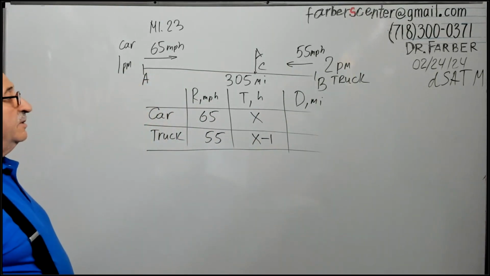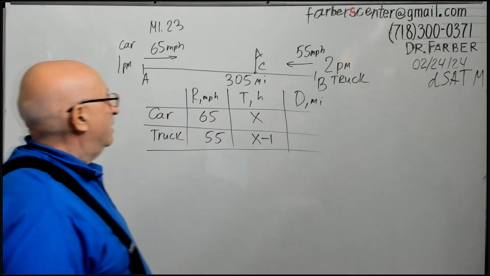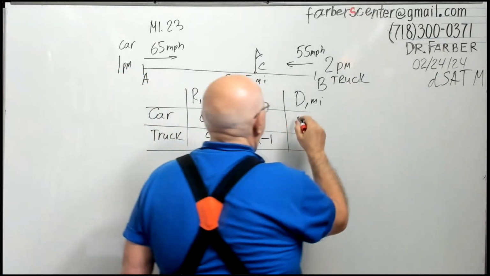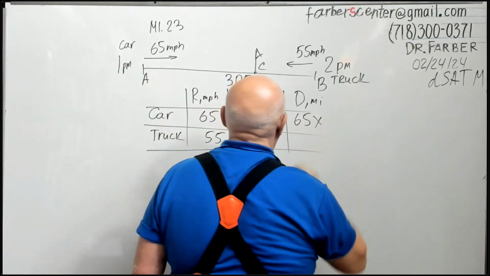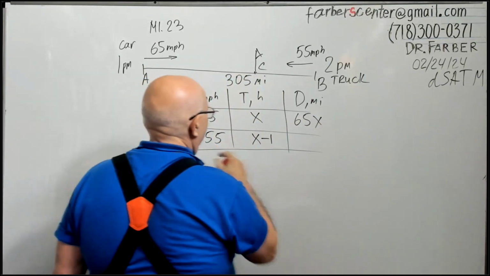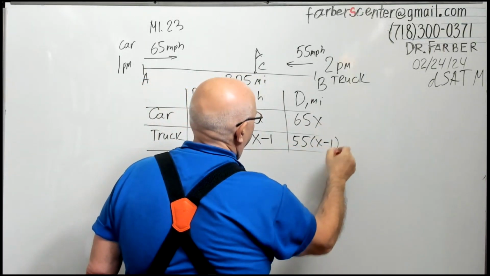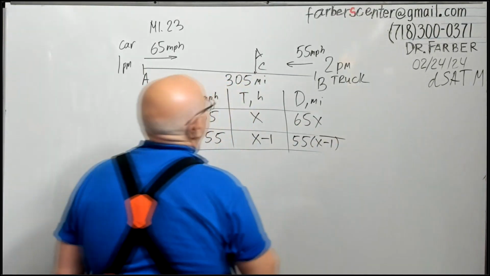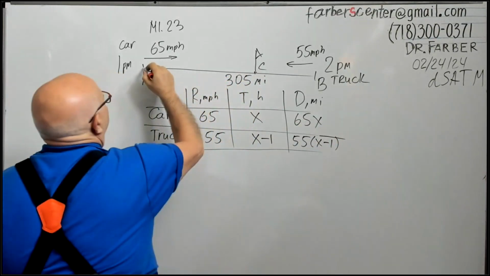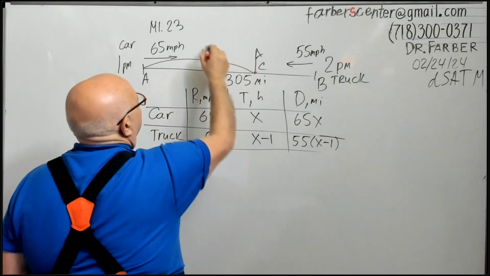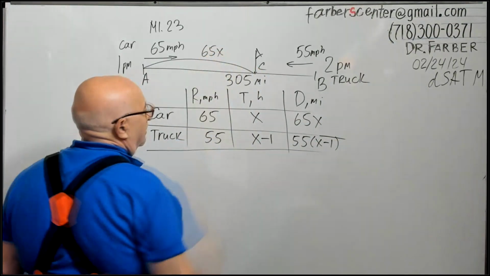And from first grade, you know, distance equals rate times time. This would be 65x, and this would be 55 times x minus 1. What is 65x actually? If I illustrate here, this is 65x, this distance.